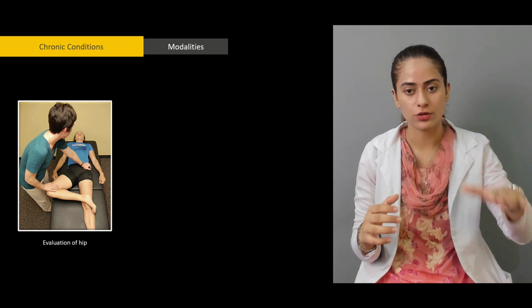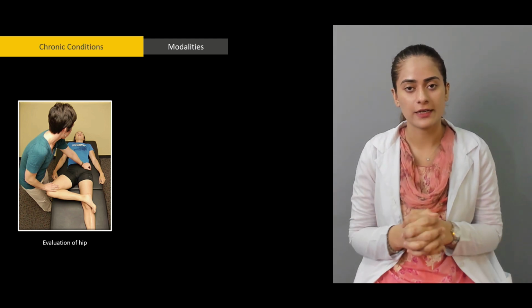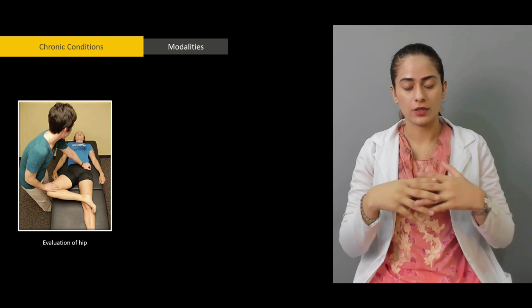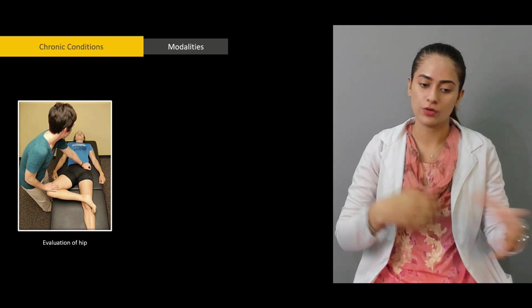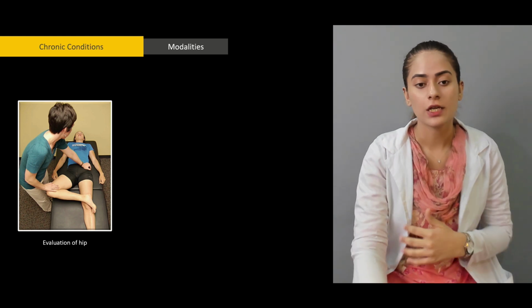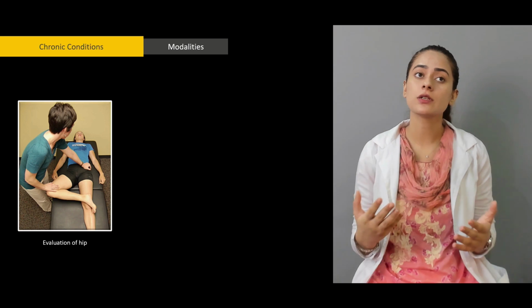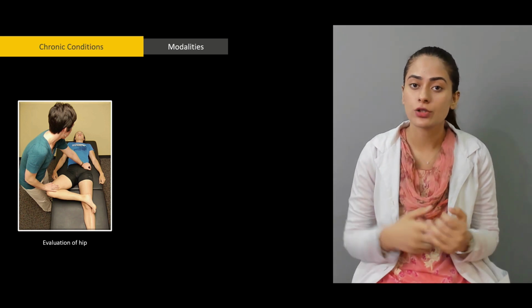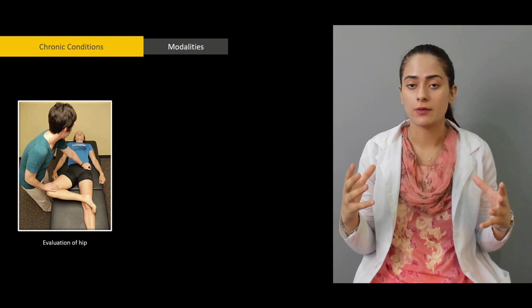You put a hand on top of the joint, and then you move the joint to sense if there is any crepitation. You see if there is any pain or discomfort with any movement, so you do an evaluation of the hip. If you suspect some chronic disease, because what happens in chronic disease is that you're used to that pain stimulus, and then you don't really feel a lot of pain.